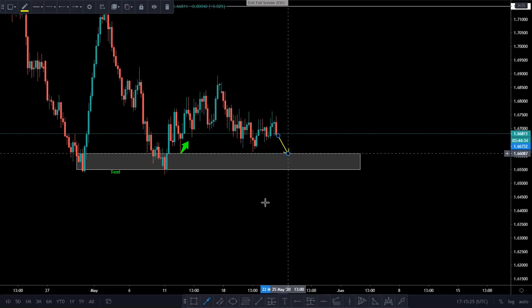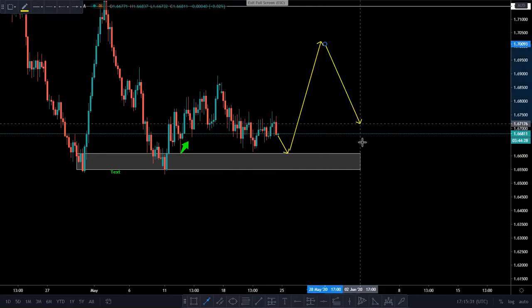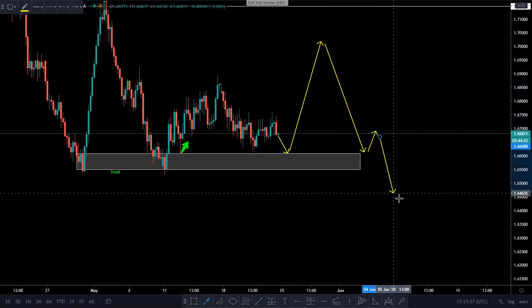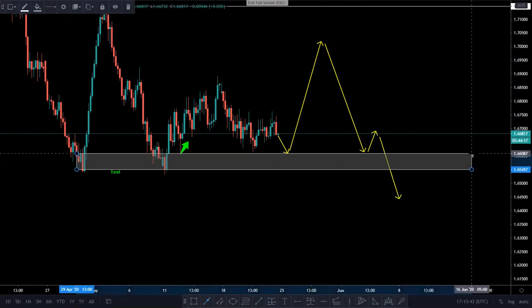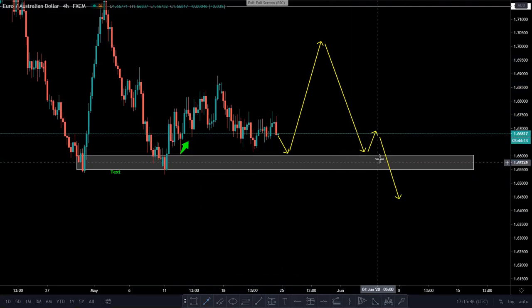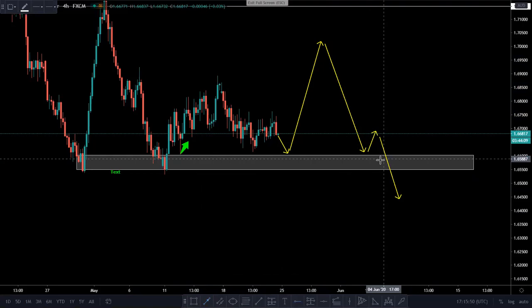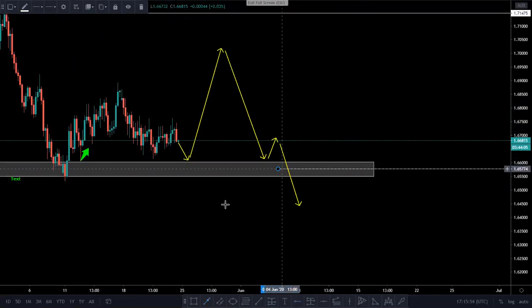It may come, bounce, go up, and then at another point in time it comes, bounces, moves up a bit, and then eventually breaks through. The moment it breaks out like this, you sell. So this will be a strong selling point. You can place sell limits here. We shall talk about sell limits in future.